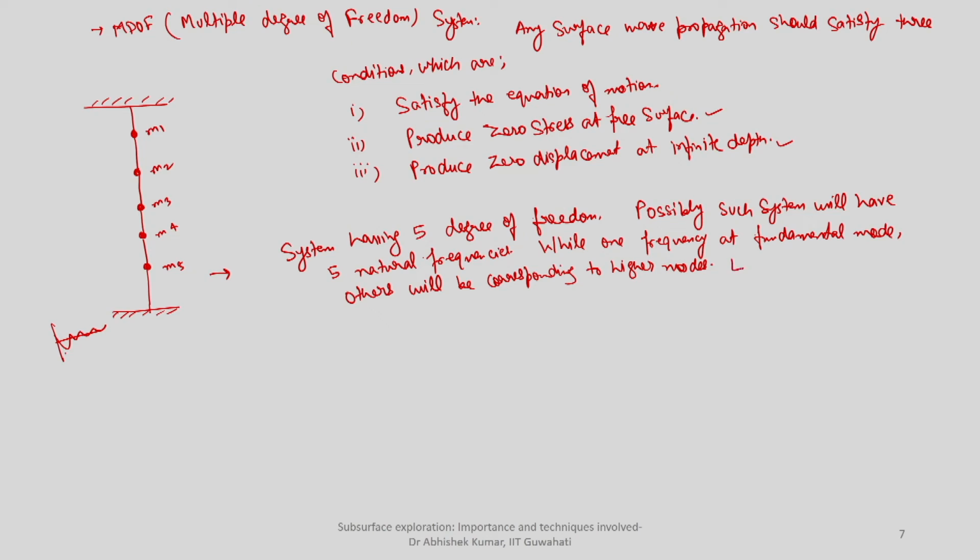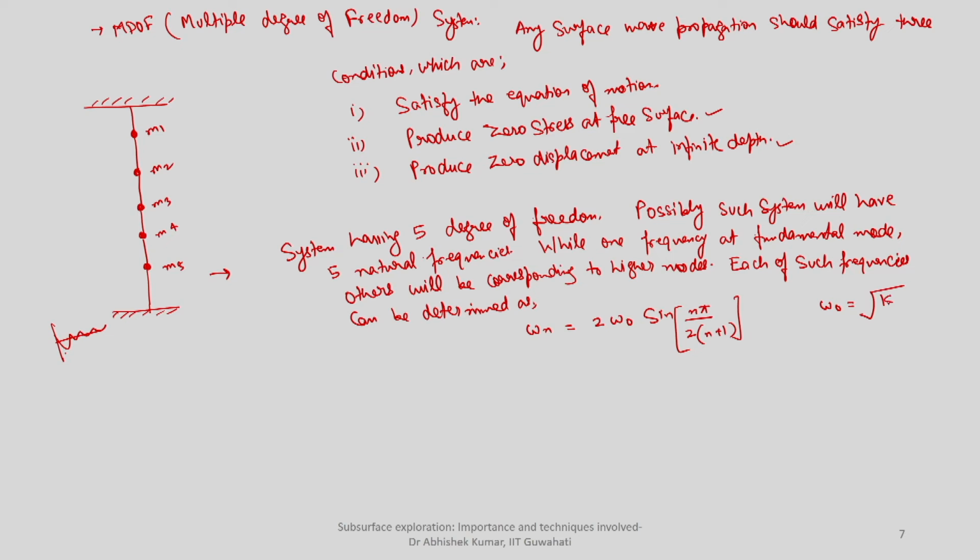Okay. So, each of such frequencies can be determined as omega n equals twice omega naught sin of n pi over 2 times (n plus 1), where omega naught equals root k by m, the fundamental mode frequency.